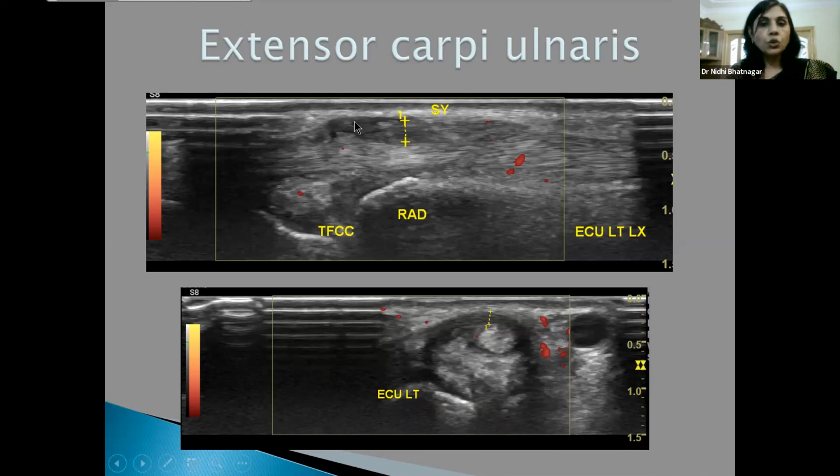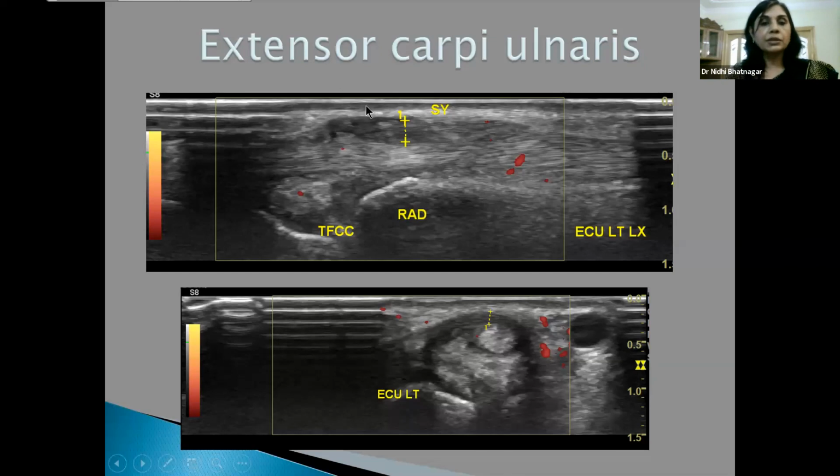We thought that this was a thickened overlying extensor retinaculum. However, there is a study by John Jacobson who said that there is absolutely no involvement of retinaculum in rheumatoid arthritis.